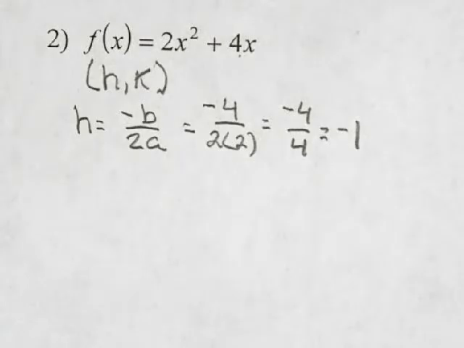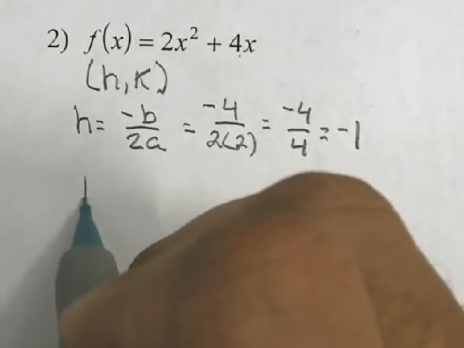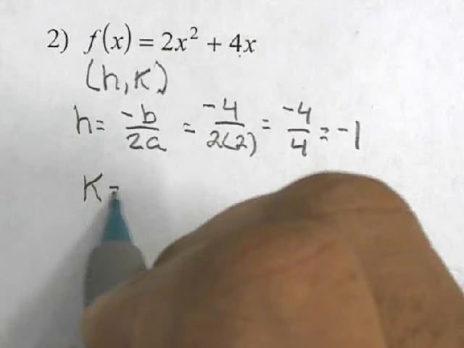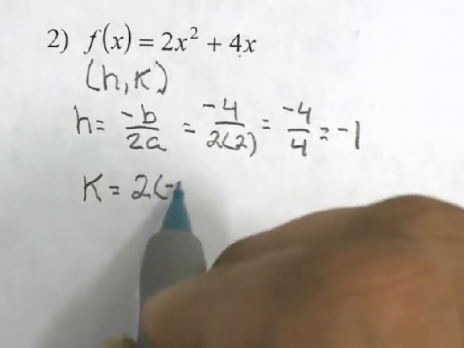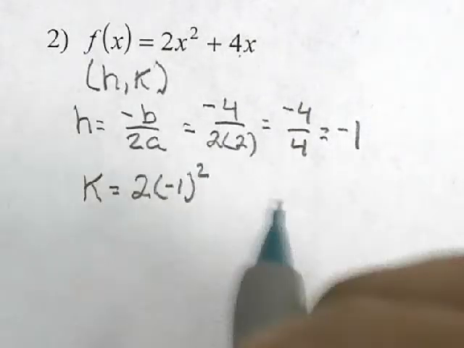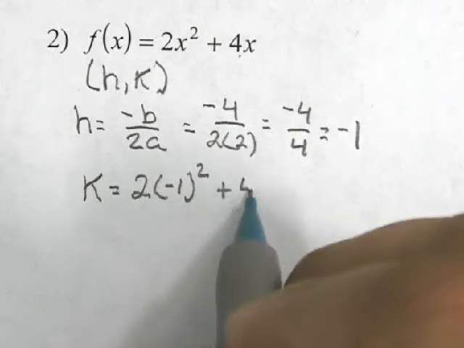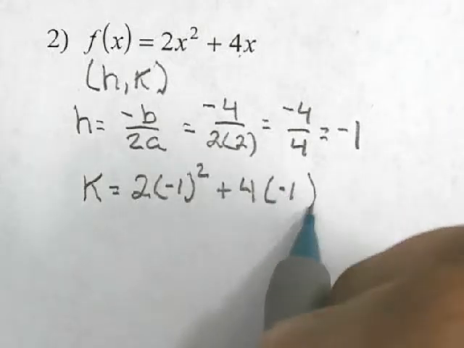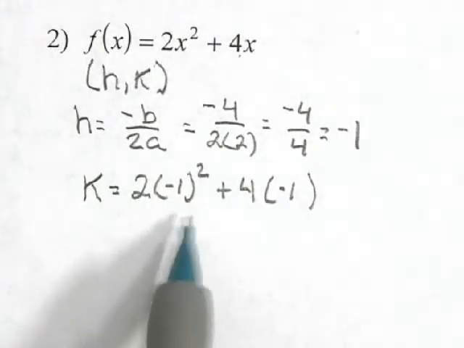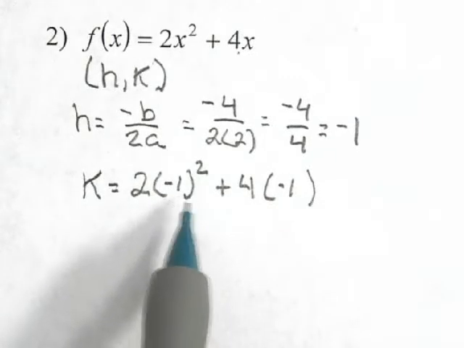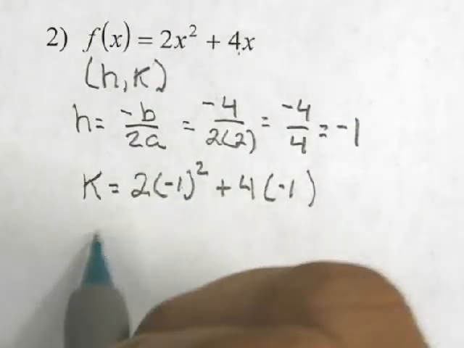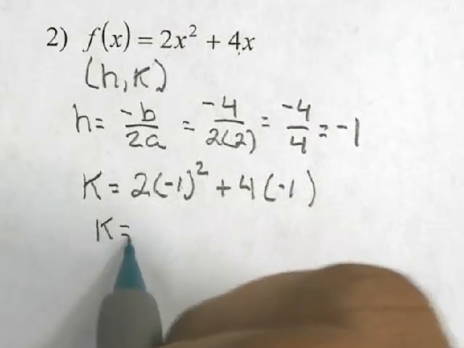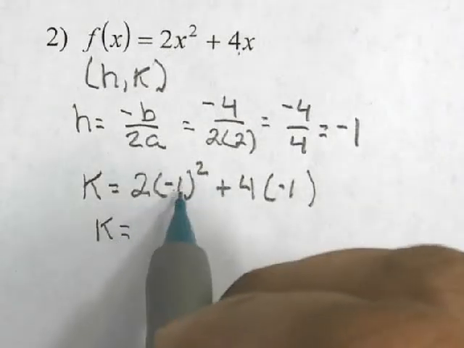Now, in order to find k, we're going to substitute it in. So that's going to be 2 times negative 1 squared plus 4 times negative 1. You have to remember this. Anytime you square a number in your calculator that's negative, it must be in parentheses. So we're going to have k is equal to negative 1 squared is 1.